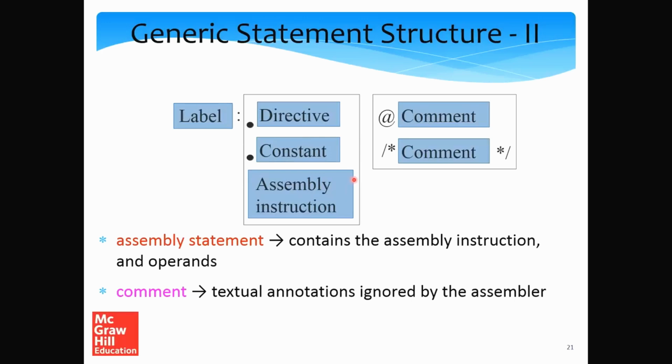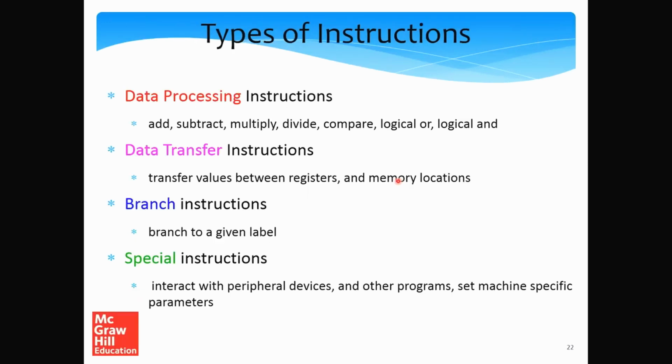In the generic statement structure, we have already looked at the assembly instruction part and the comment part. We can have many kinds of instructions, primarily four kinds. First, we can have data processing instructions. These instructions are typically arithmetic and logical instructions. They can be used to add, subtract, multiply, divide numbers, perform arithmetic operations on them.